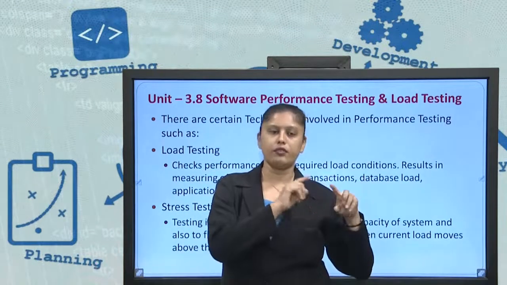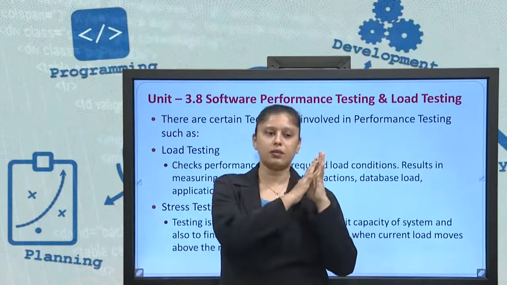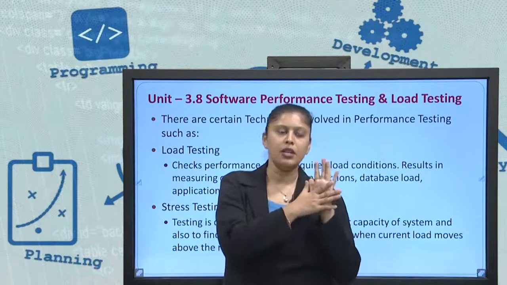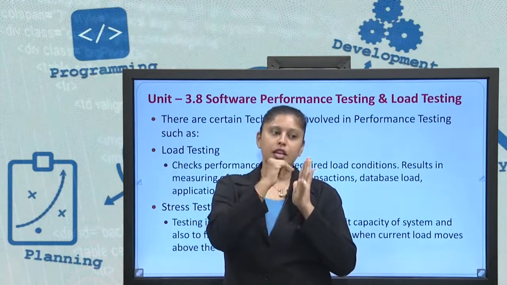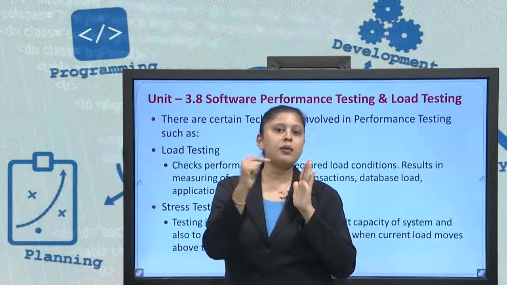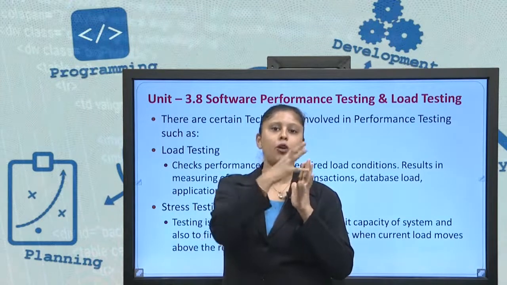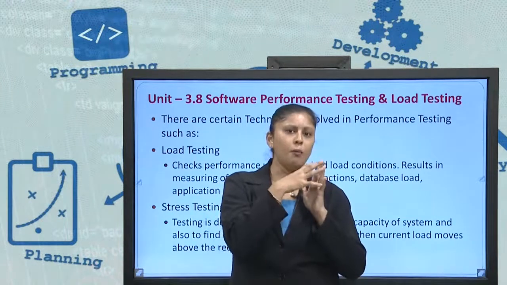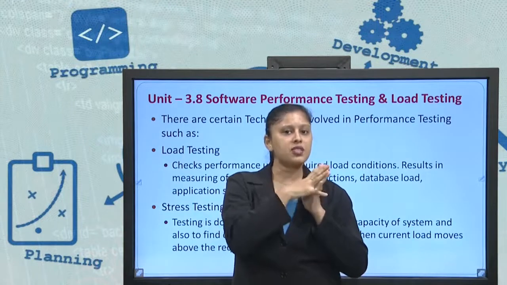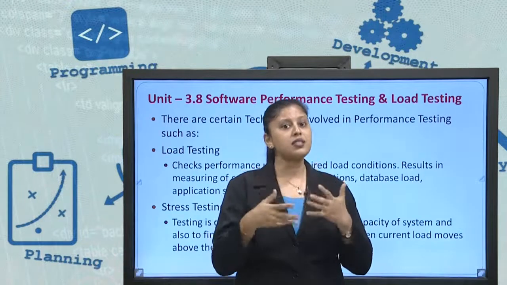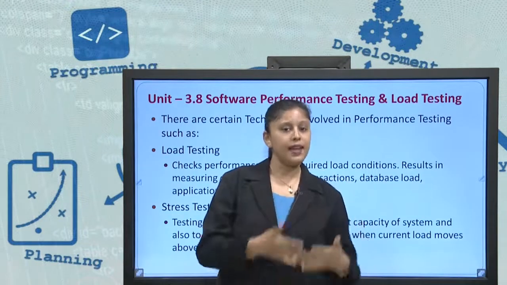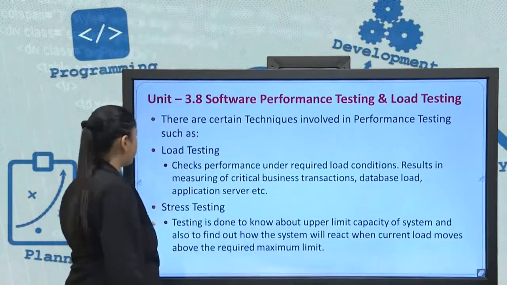For example, the upper limit of my previous system was 1000 people. Now stress testing will increase it to 1100 people on my system. Though my upper maximum limit was 1000, I increase it by 100, alright. Then how is my system going to respond? That comes under stress testing.